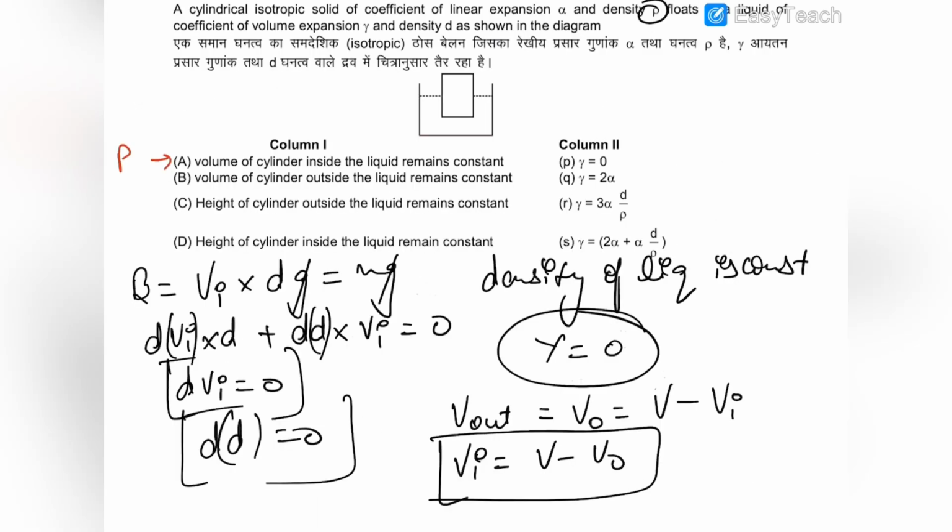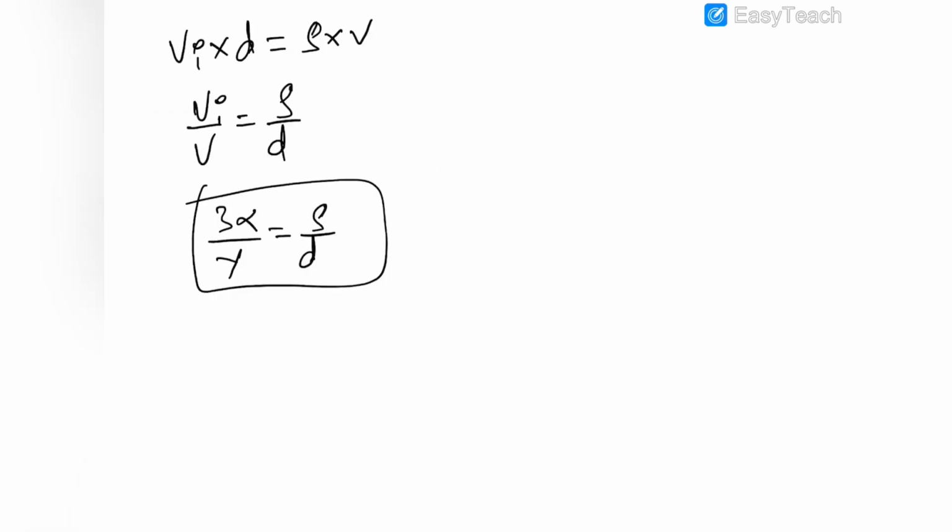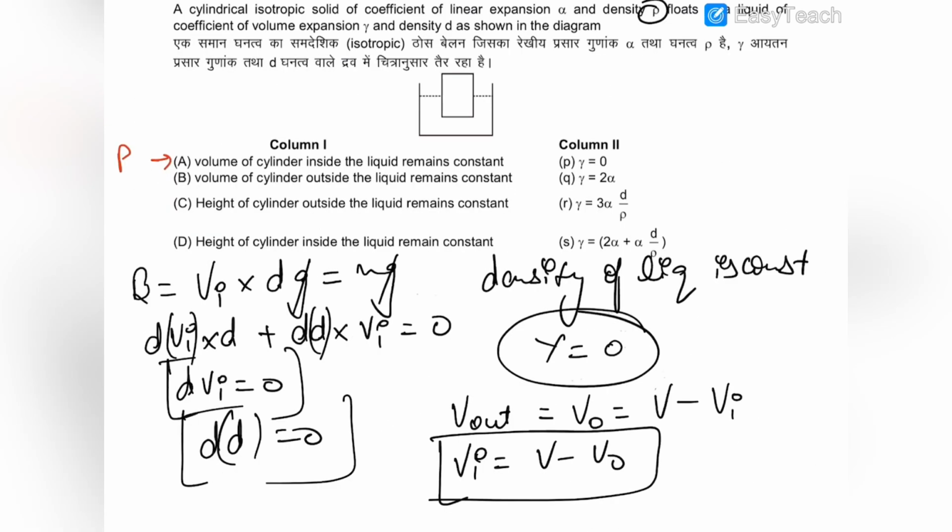So you can see that gamma is 3 alpha D by rho. So gamma is 3 alpha D by rho, and this is the correct answer. So for option B, the correct answer is R.